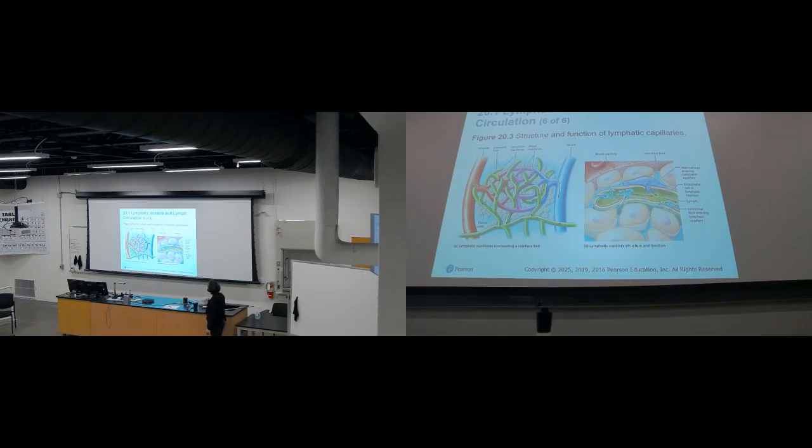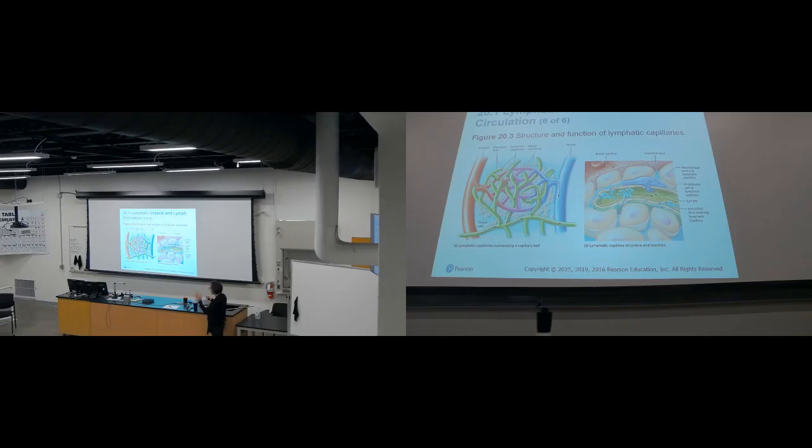So here is the structure and function of the lymphatic vessels. Here we have your arterial, your venular, your capillary beds, and in between you have these lymphatic vessels, lymphatic capillaries. As the interstitial fluid is released in between these cells, these lymphatic vessels open their walls.